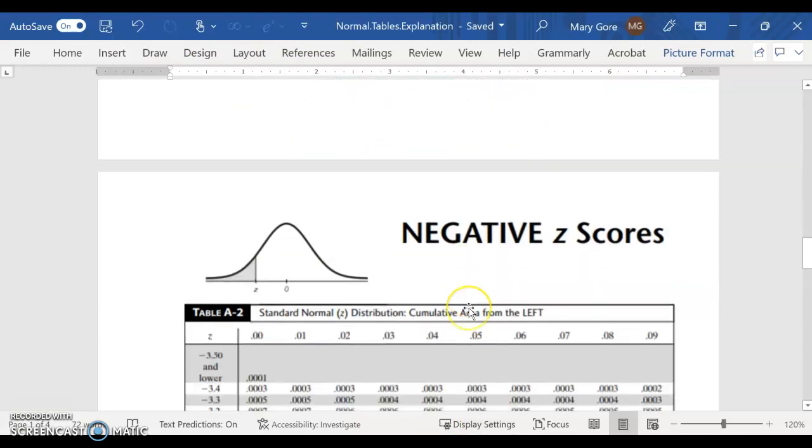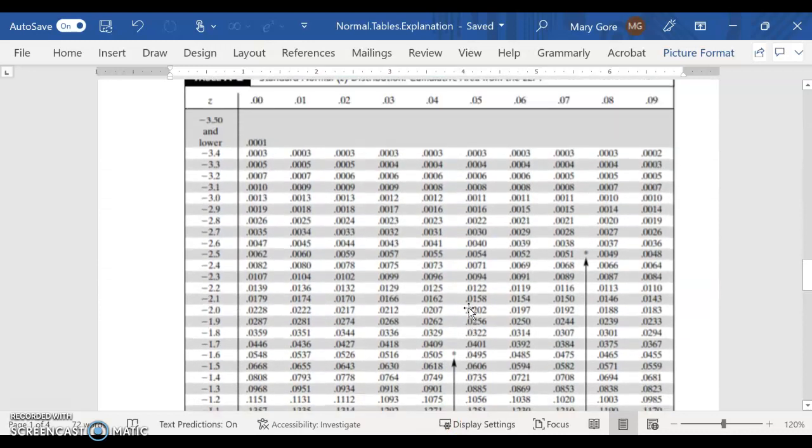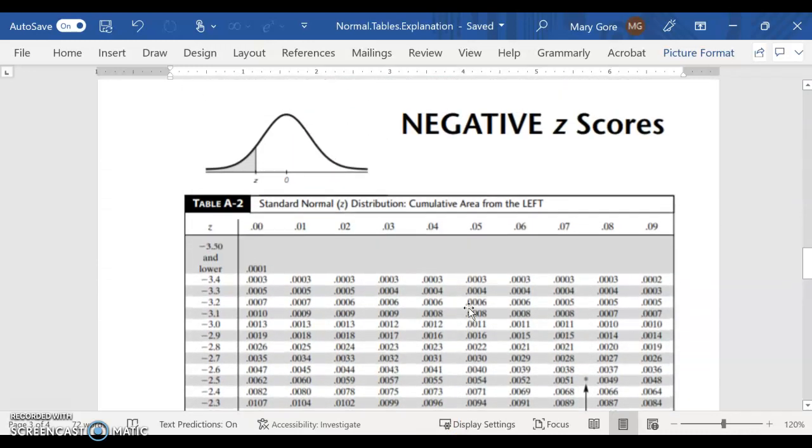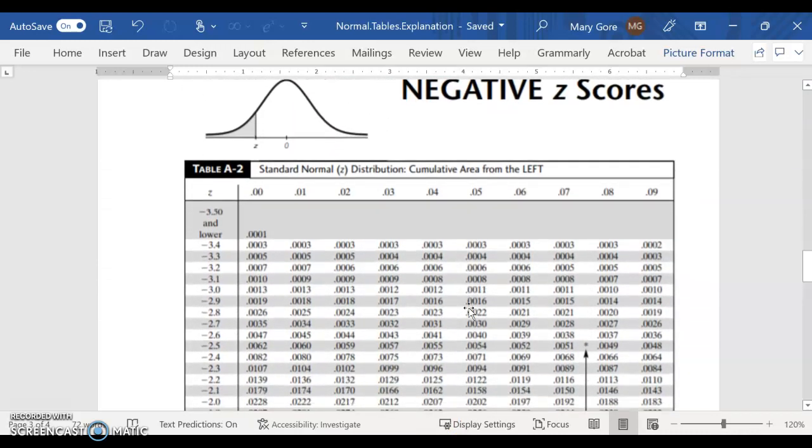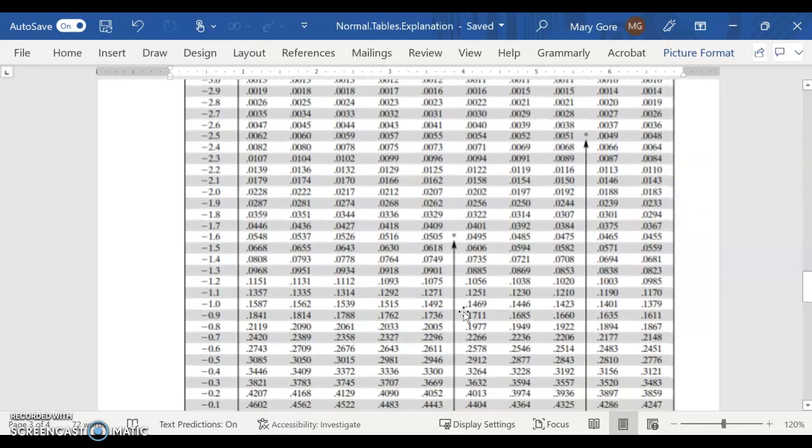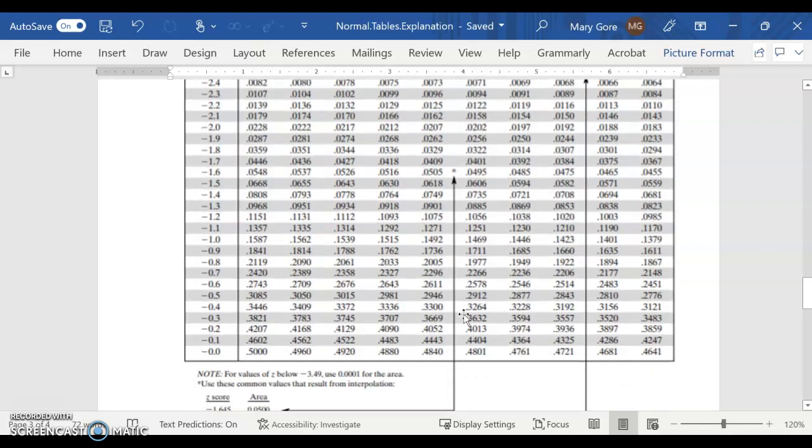Where's my table? And as I look at it, here's the negative side. Where I'm going to actually look for answers is inside the table, not on the edges and tracing in. I'm trying to find 0.90 as close as I can get it, or 0.9000, four digits, out here.